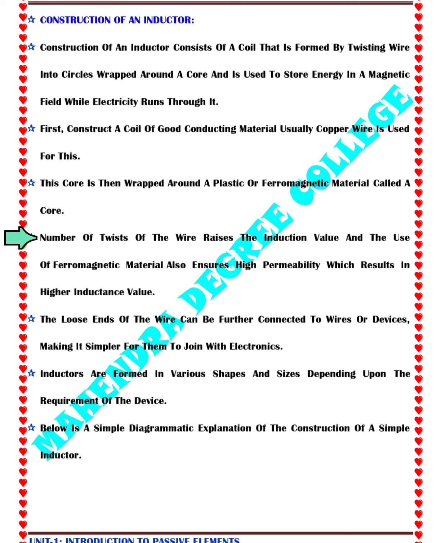These materials have high magnetic permeability, meaning they allow magnetic field lines to pass through easily and densely. Combining more turns and a high permeability core gives the inductor the ability to store more magnetic energy.